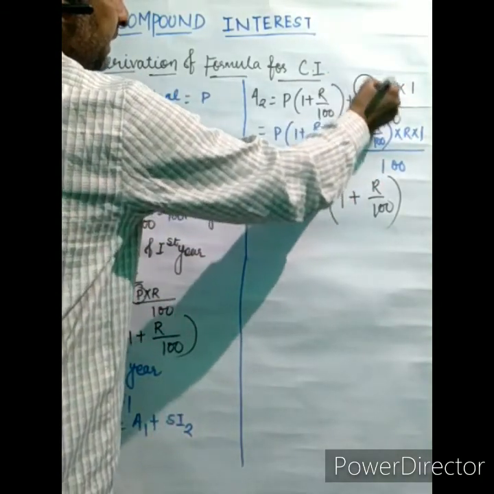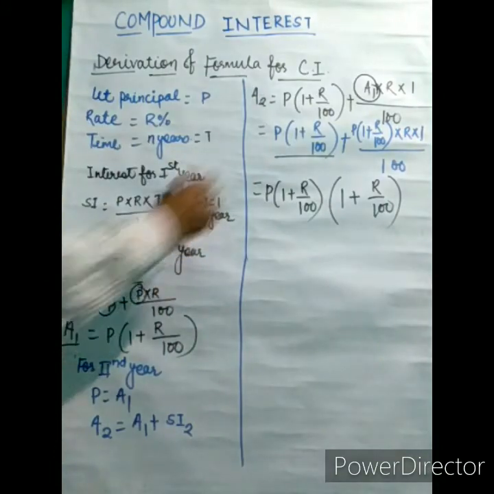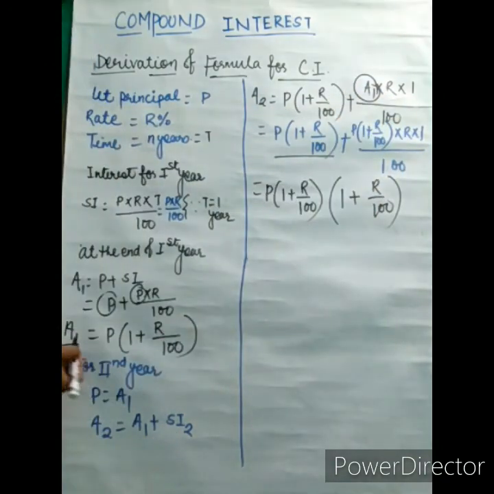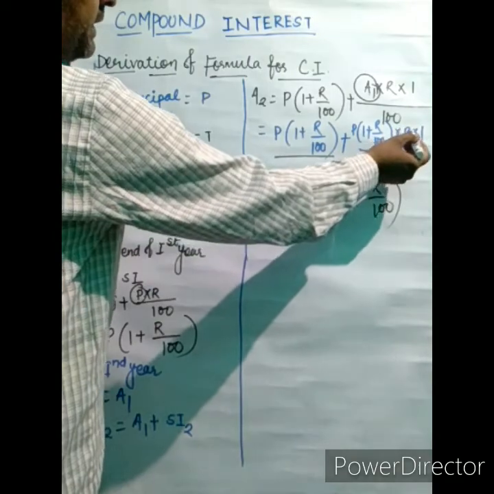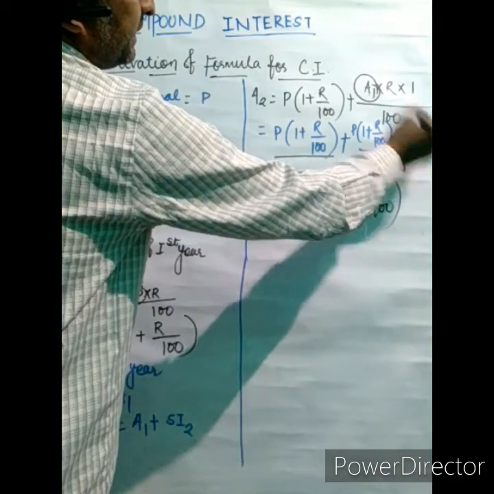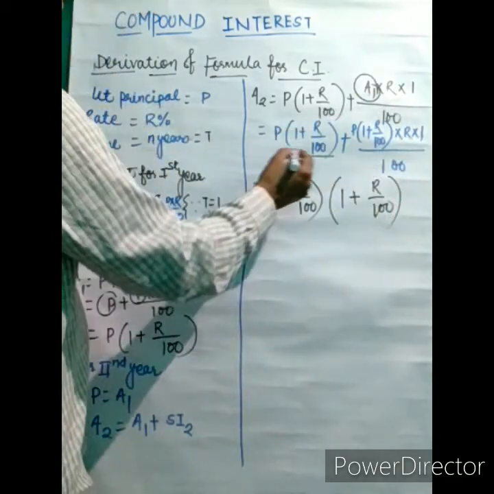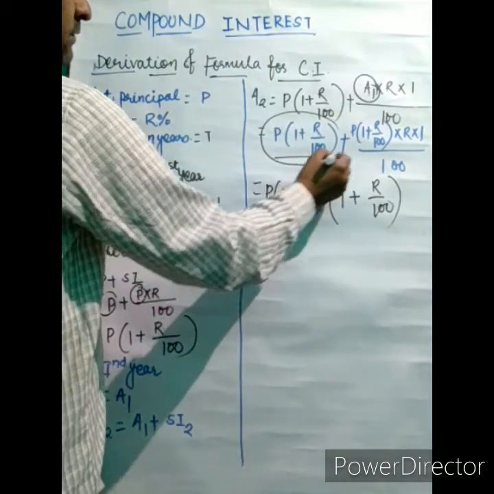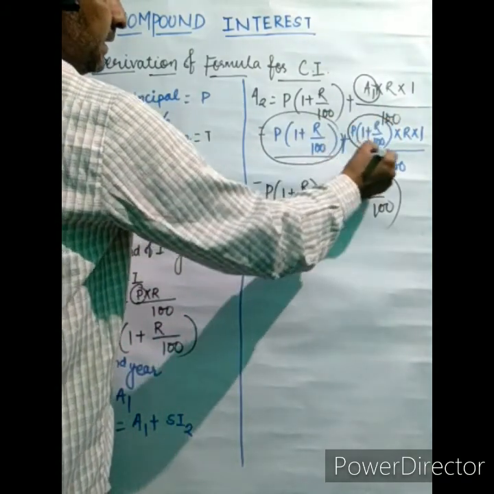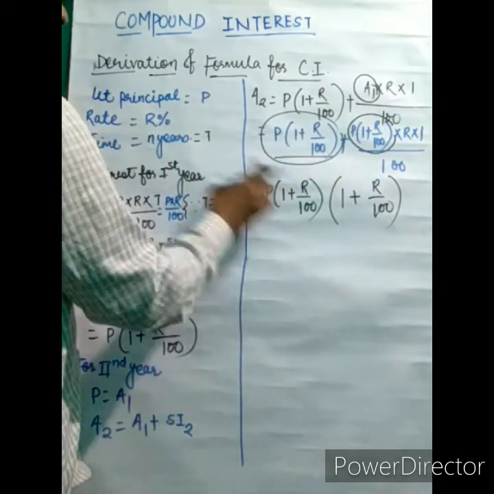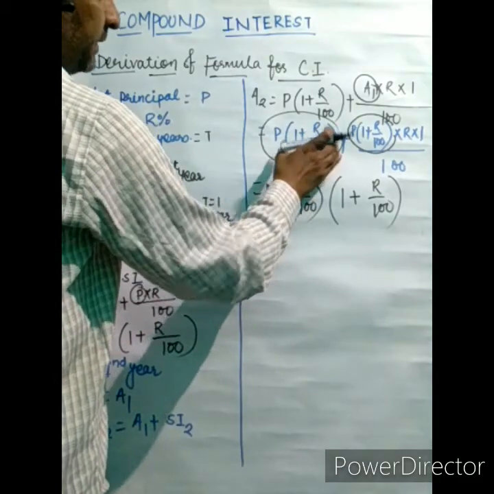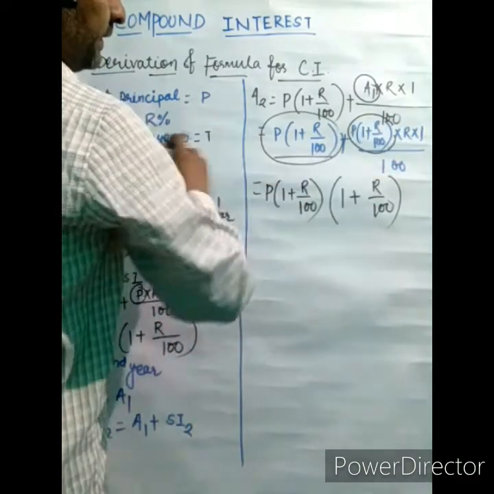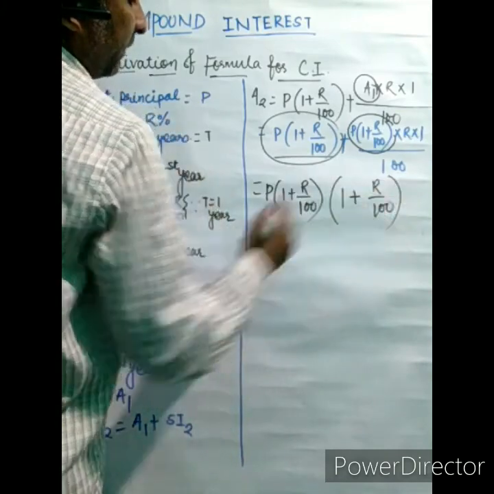So our principal is A1 for the second year, and the value of A1 is P into 1 plus R over 100. So here we write P into 1 plus R over 100 into R over 100, with time T as 1. Now this P into 1 plus R over 100 is common in both terms, so we take it out, and here we are left with 1 plus R over 100.